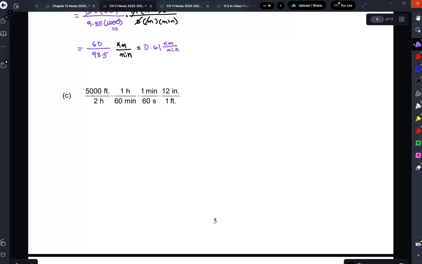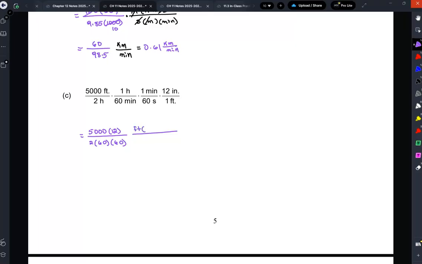Okay, this one, look at this. We're going to do all the numbers first. 5,000 times 12, we're going to write it down. 2 times 60 times 60. Okay, what do I have with the units?